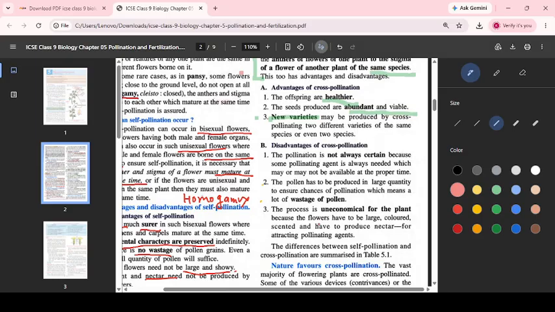Until these agents arrive, pollination is not possible. So it is not always sure, because they have to wait for the agent. Second, during this transfer, most of the pollen grains could be wasted, dropped here and there, where pollination is not possible until they reach a compatible species of plant.